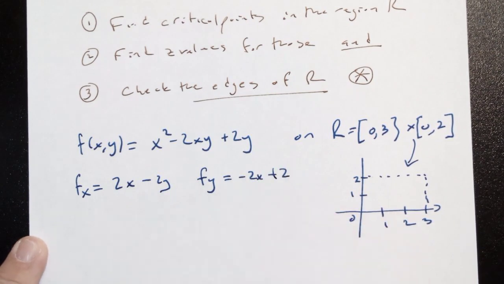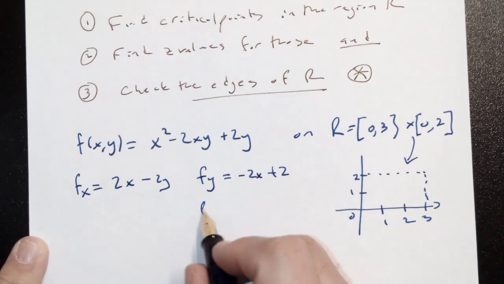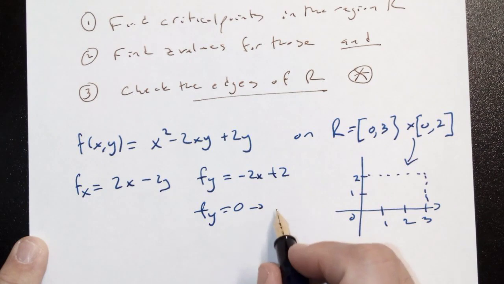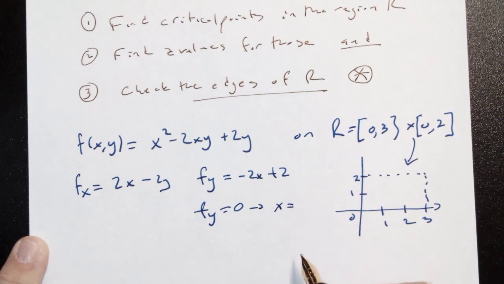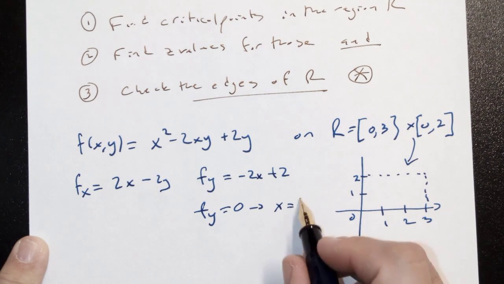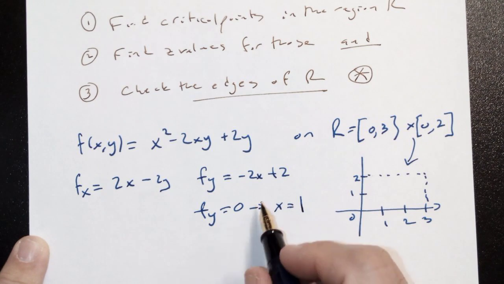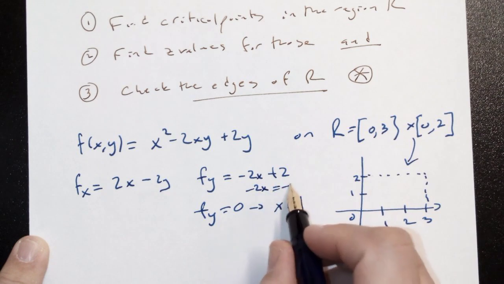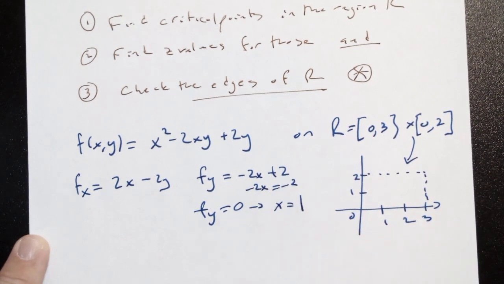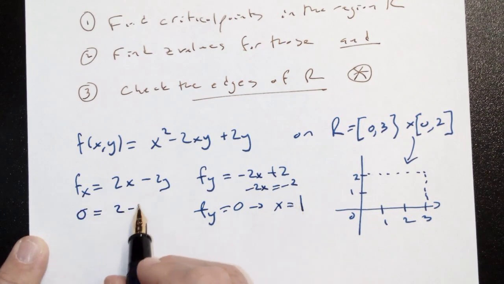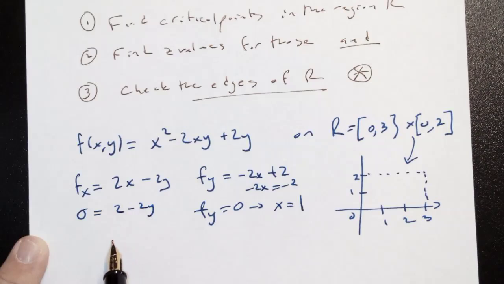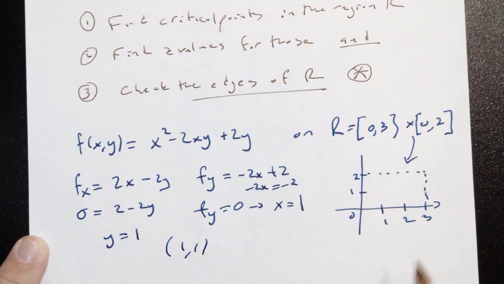Hey, wait a minute, that's only in one variable. So if fy equals 0, that means that x equals... right? I get minus 2x equals minus 2. I divide, I get x equals 1. And then I can put that over here and I can say for this to be 0, x has to be 1. What's y? Y is also 1. So the only critical point is the point 1, 1.